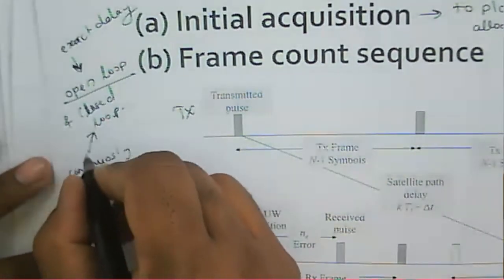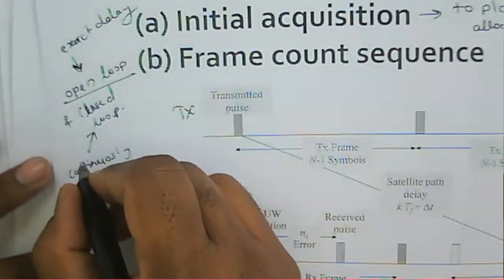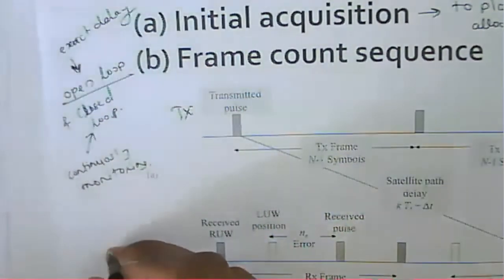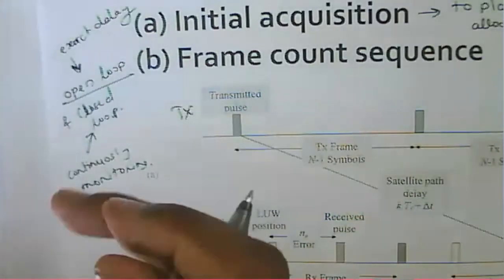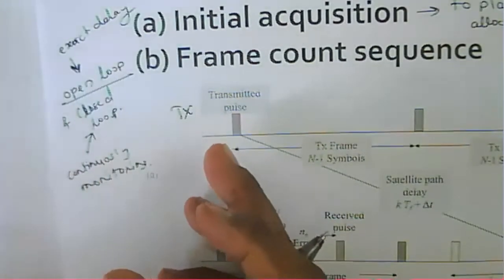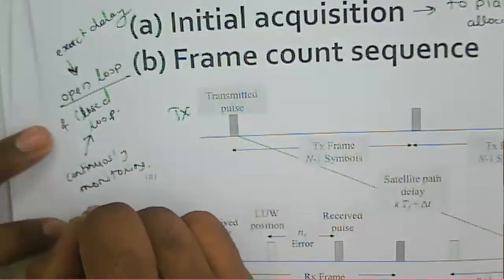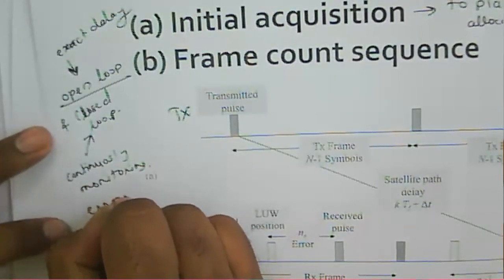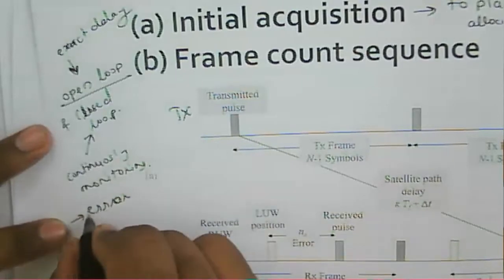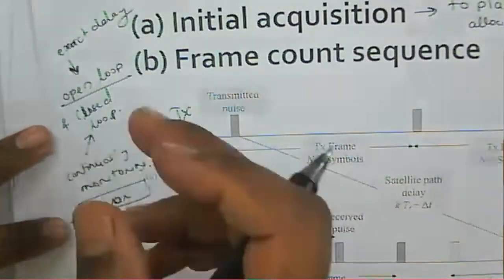That is about the closed loop system. So whatever corrections are required at the transmitting side will be corrected there. We need to know the error, and according to that we correct that particular position.